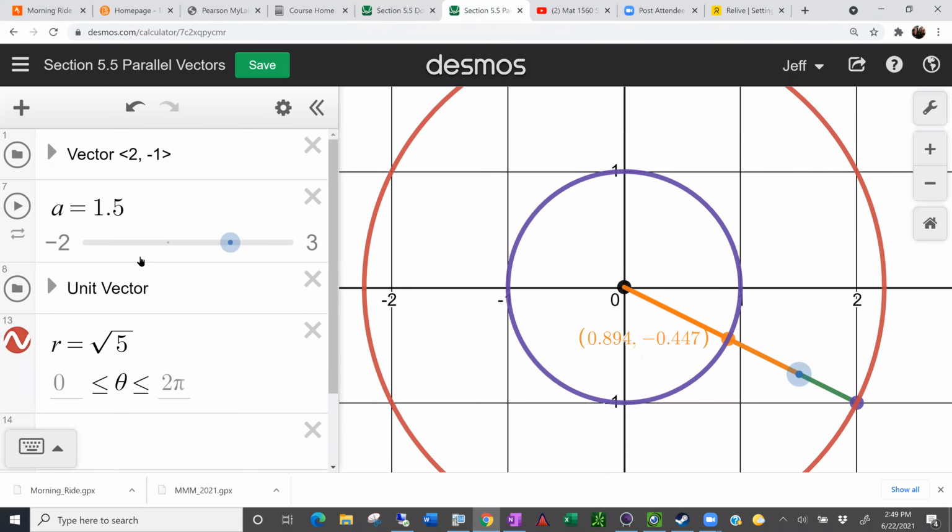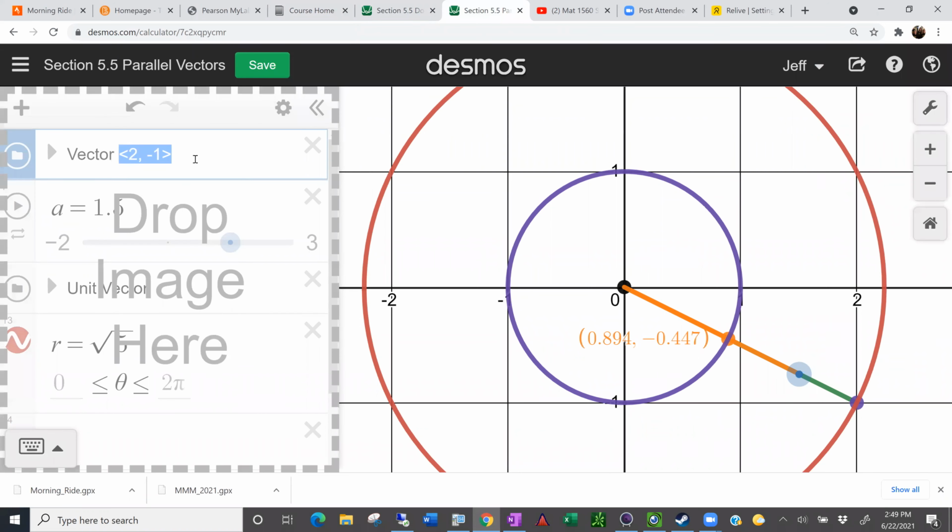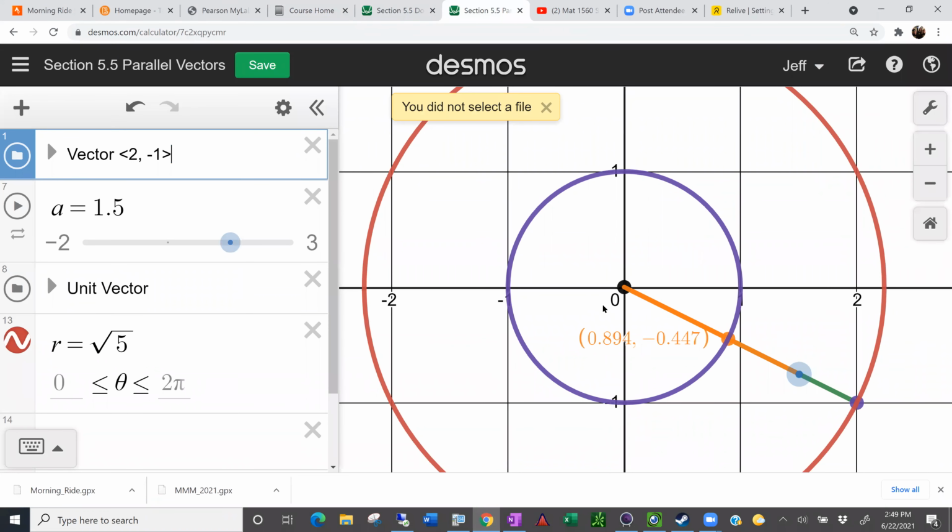So for instance, the vector here that I've got, 2, -1, that's a vector of length square root of 5. If I want to take that vector and shrink it down to something of unit length, then I'll divide it by the square root of 5.